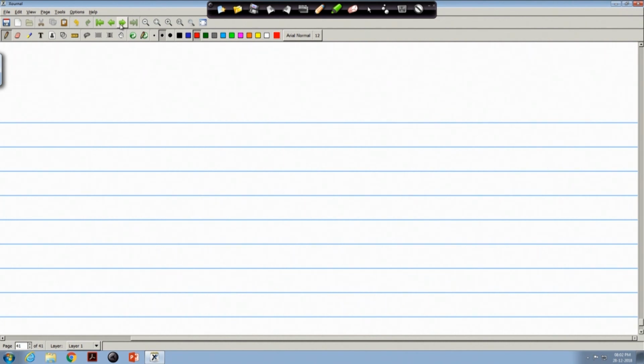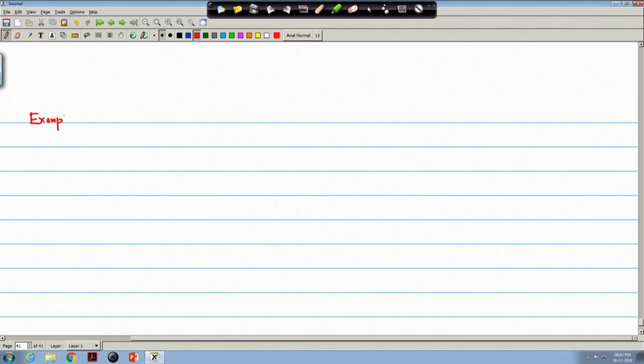Now, we take an example for solving a linear homogeneous relation. So, solve a_n equal to 5 a_{n-1} minus 6 a_{n-2}.